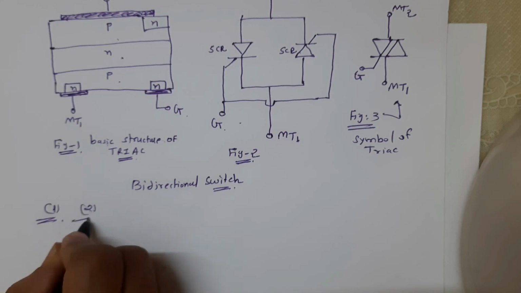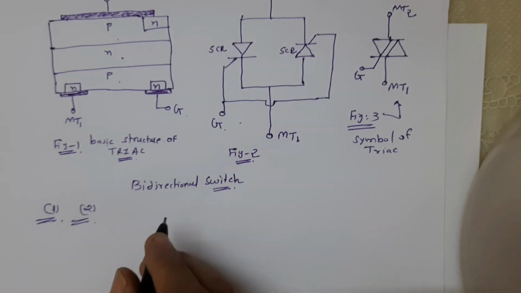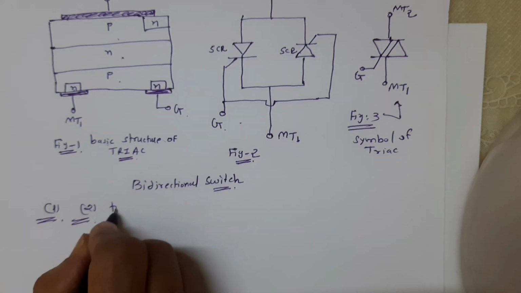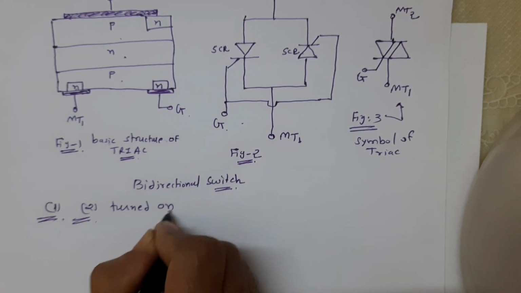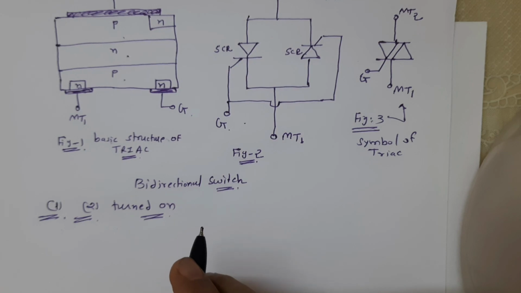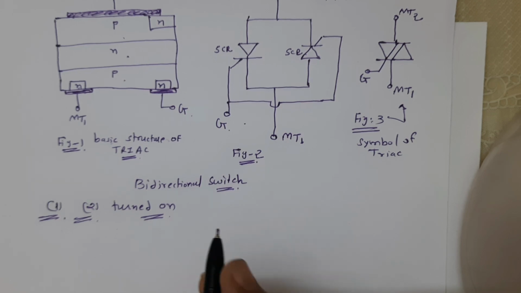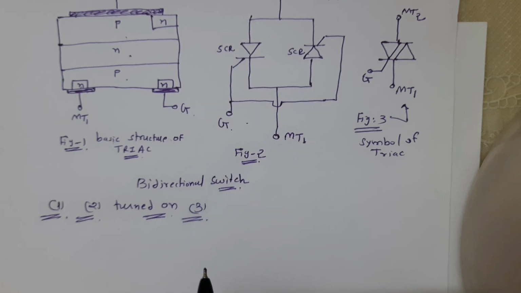The second is that a triac can be turned on with either a positive or negative voltage at the gate of the device. Third, like the SCR, once the triac is fired into conduction, the gate loses all control. The triac can be turned off by reducing the circuit current to the value of the holding current.